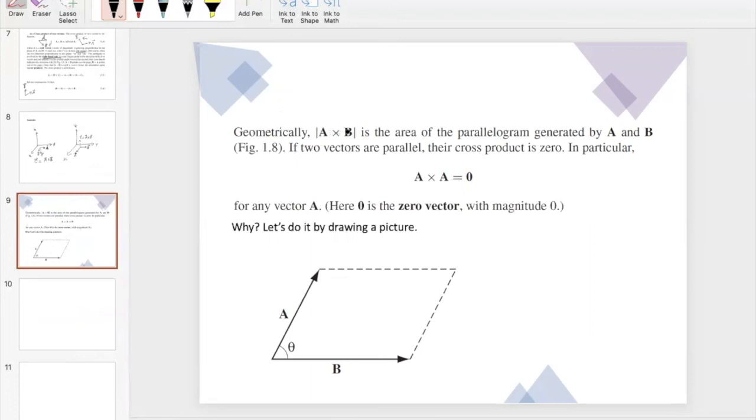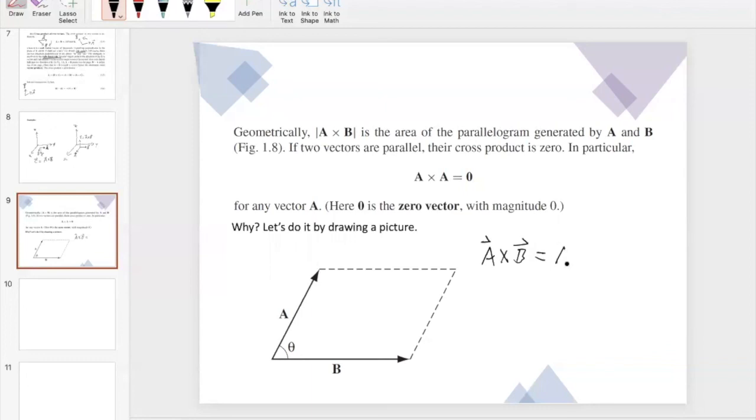Geometrically, the magnitude of A cross B is the area of the parallelogram generated by A and B, which is shown here. In the textbook, it doesn't give you any reason. So why is that? Why is the magnitude of A cross B the area of the parallelogram? Do you remember the equation of A cross B?